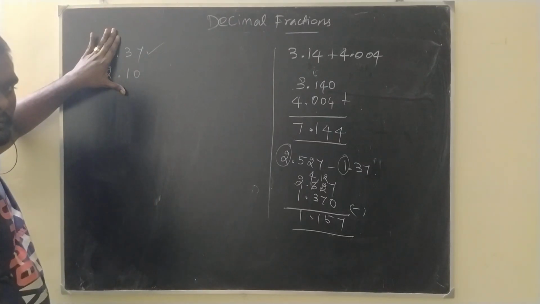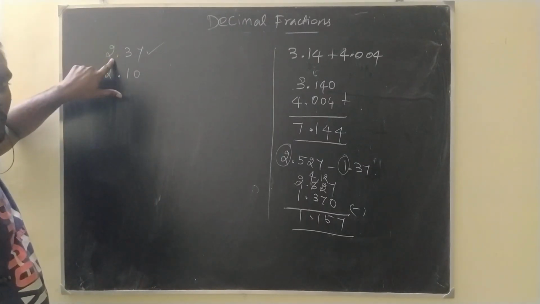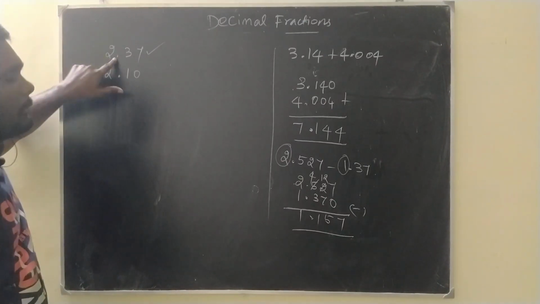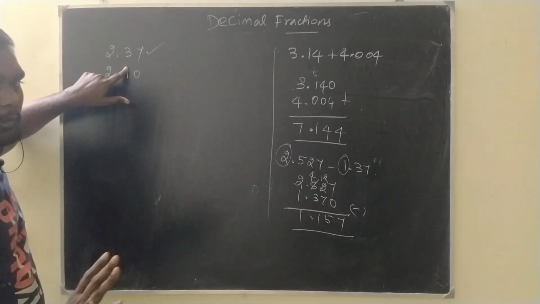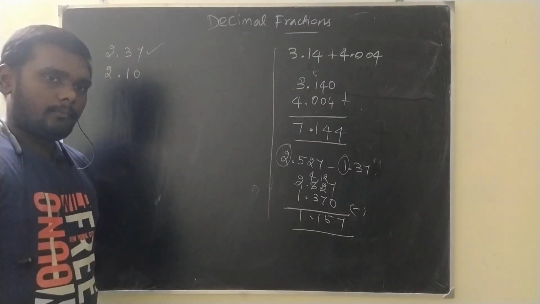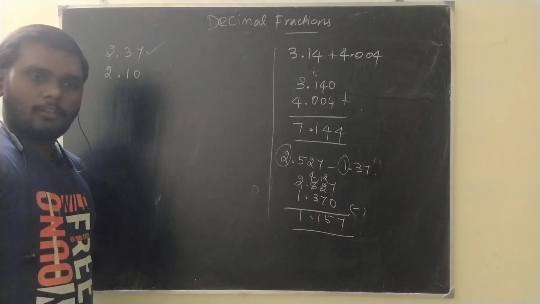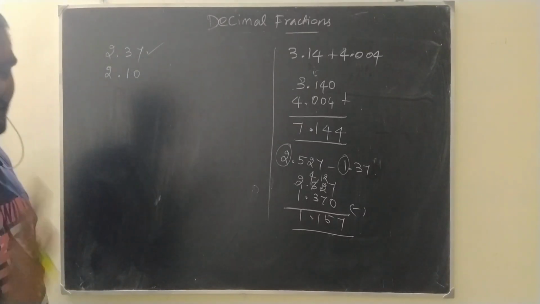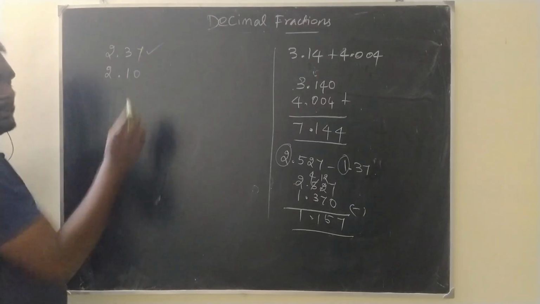That is wrong. Whenever we pronounce a decimal part, we should pronounce it digit by digit. 2.37 is pronounced two point three seven, not two point thirty-seven. So now this is the bigger one.